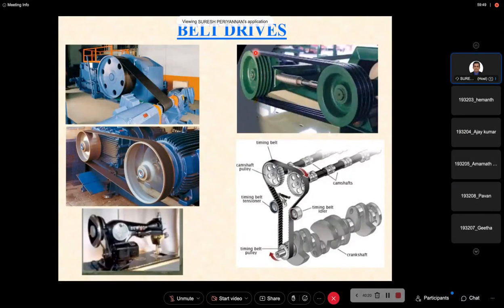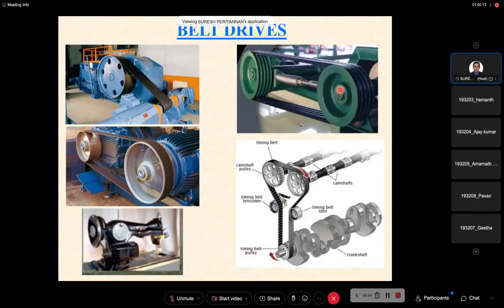Suppose the driving shaft and driven shaft are horizontally oriented. It may happen that they are oriented vertically. Even then the power can be transmitted safely using the V belt.